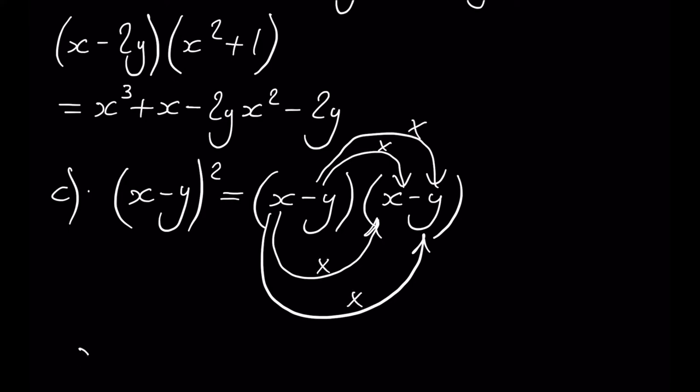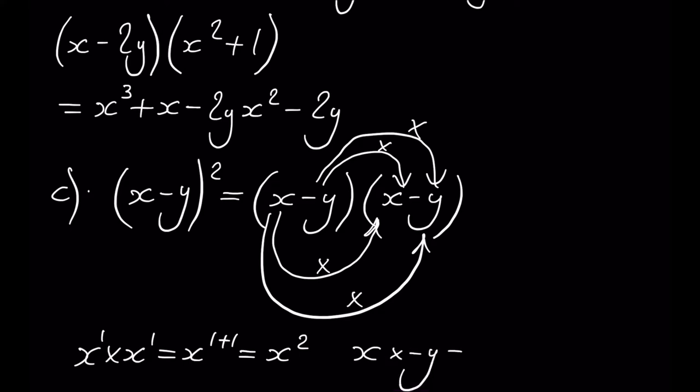So we end up with x times x, which is equal to x to the power 1 times x to the power 1, which is equal to x to the power 1 plus 1, which is equal to x squared. And then we've got x times minus y, and that's just equal to minus xy.